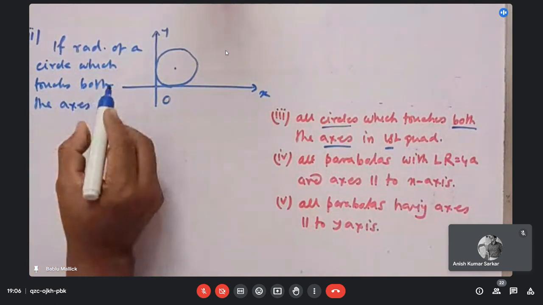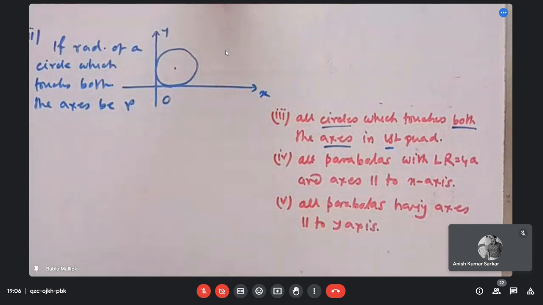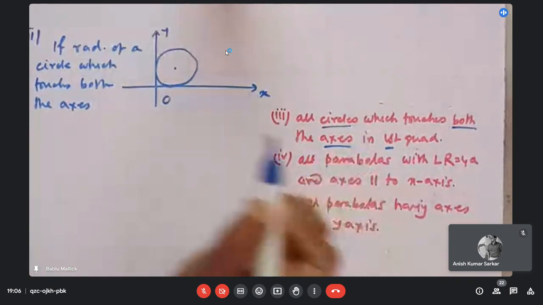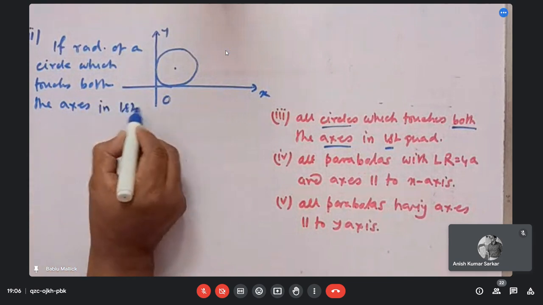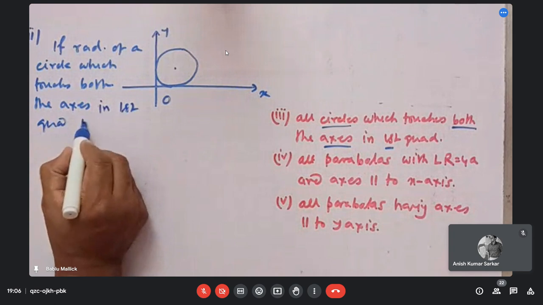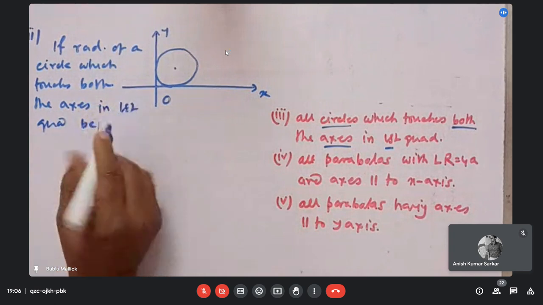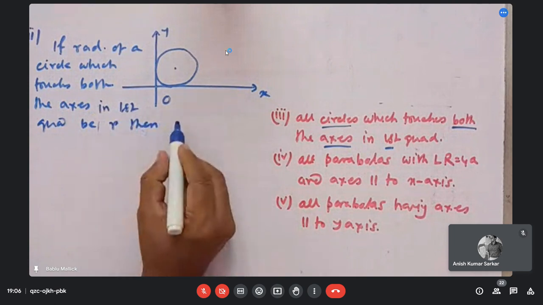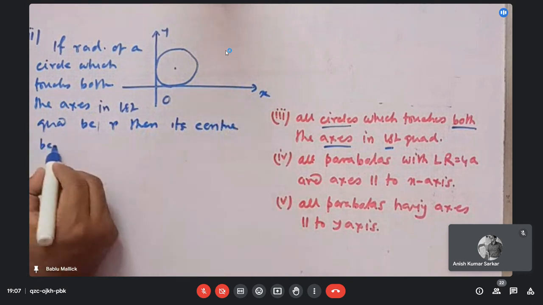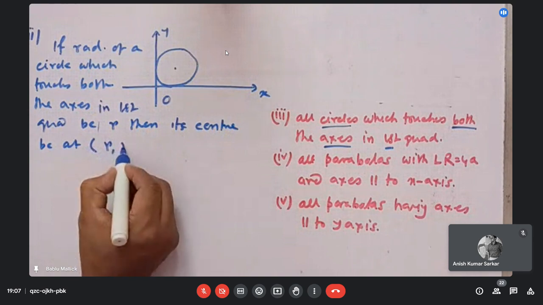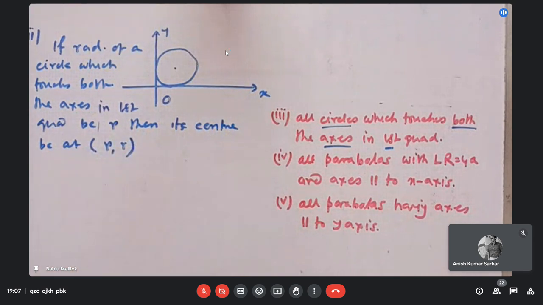If the radius of a circle which touches both the axes in the first quadrant, it is given in the question, be r, then its center will be at r comma r.